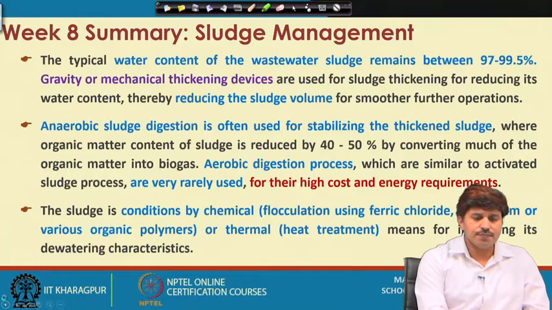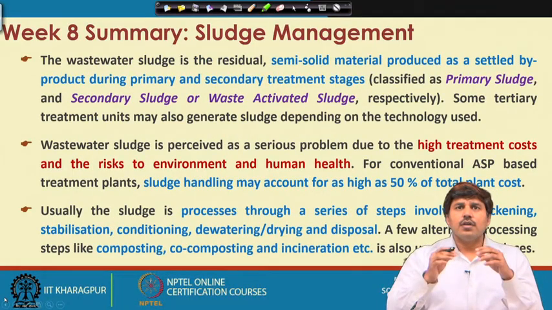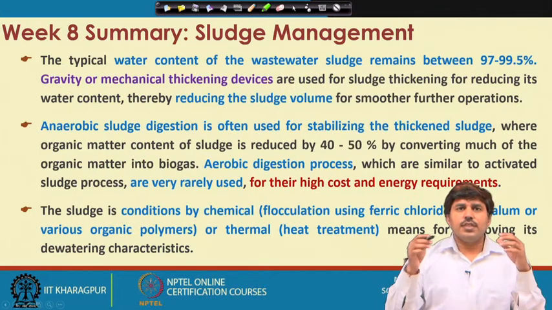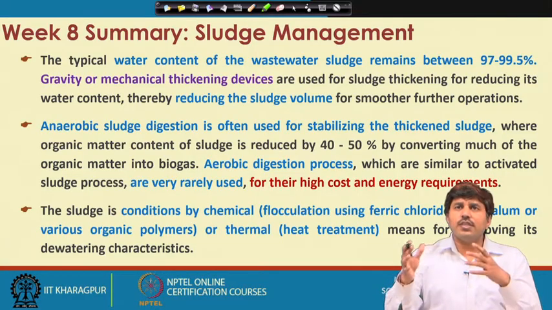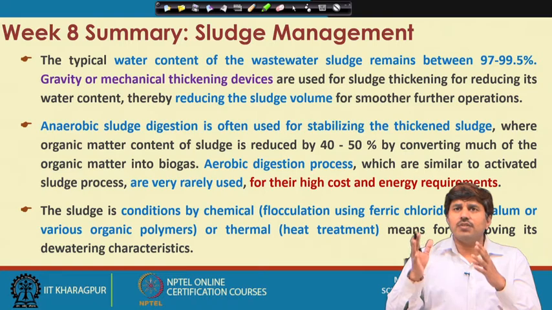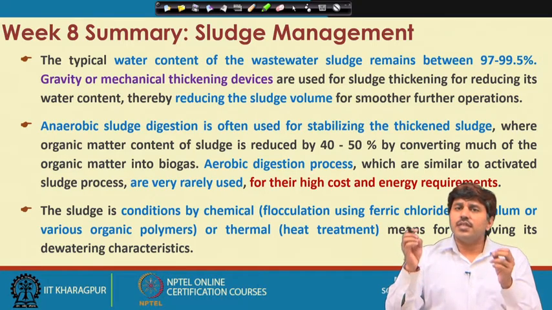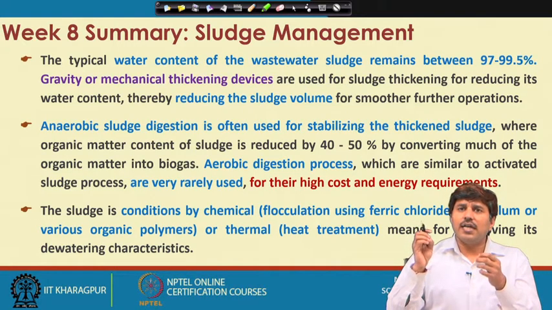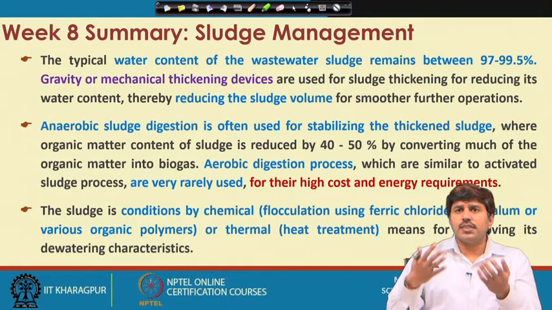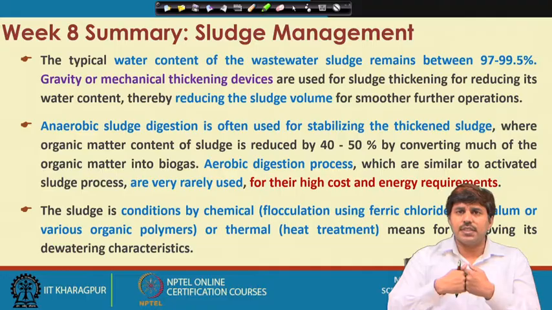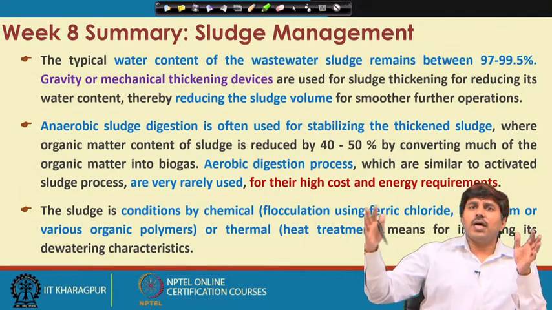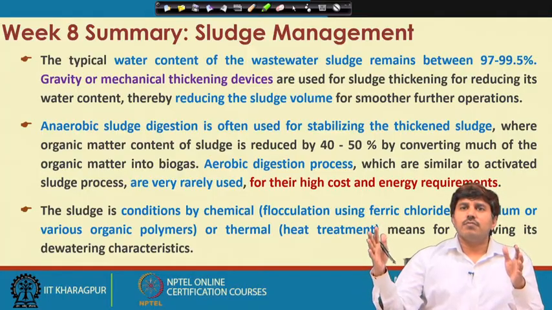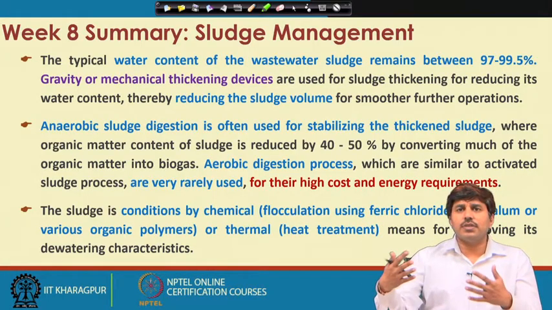Now, the typical water content of the wastewater sludge usually remains between 97 to 99.5%. That means there is very little solid content. For 1 kg of solid, if your water content is say 99%, we get a total mass of 100 kg, because 99% is water and just 1% is solid.